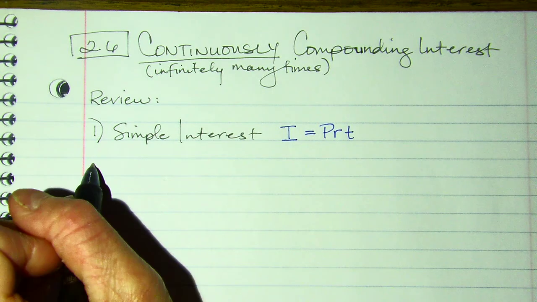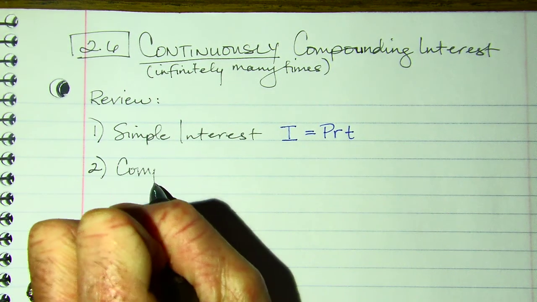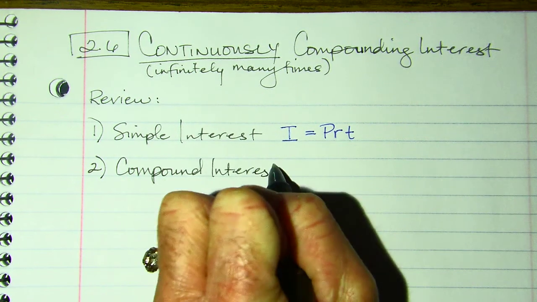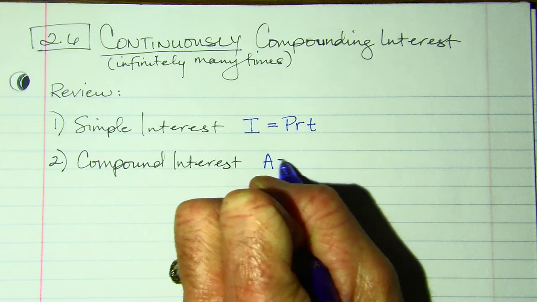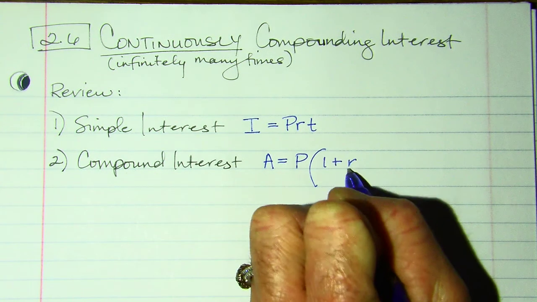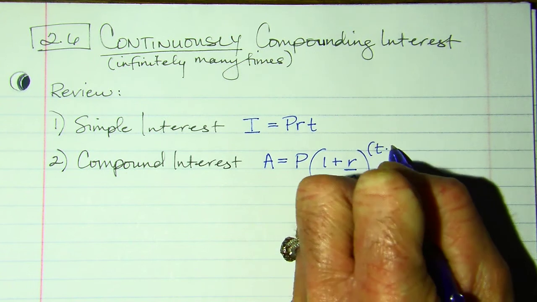The second one that was covered in 2.4 and 2.5 was compound interest. And compound interest gave us the total in our account, and it looked like this. Principal times 1 plus the rate divided by n to the t times n.